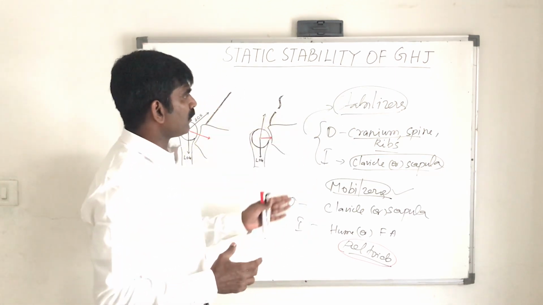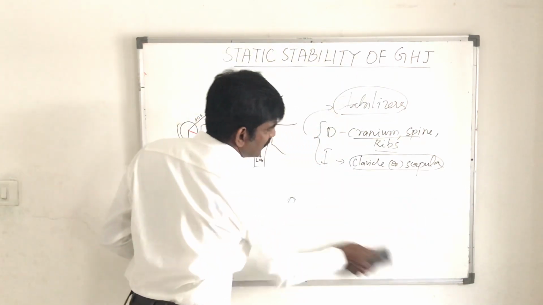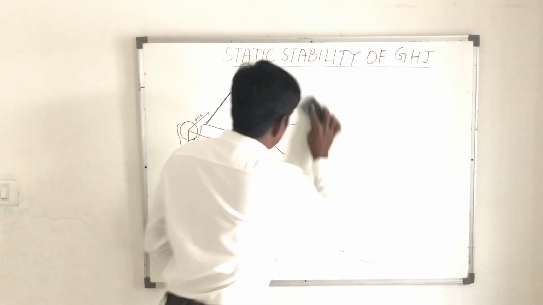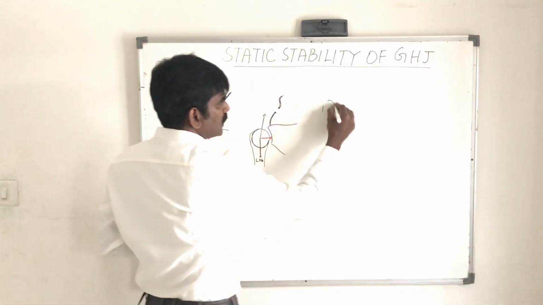So what are these stabilizers? Why are we discussing this under this third point? So what is the third point? What is the first point?